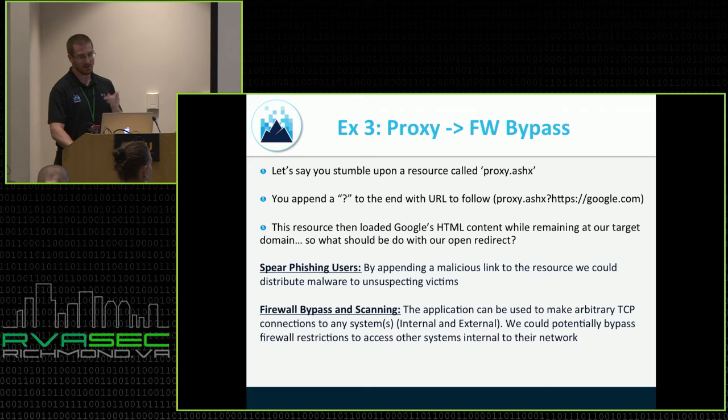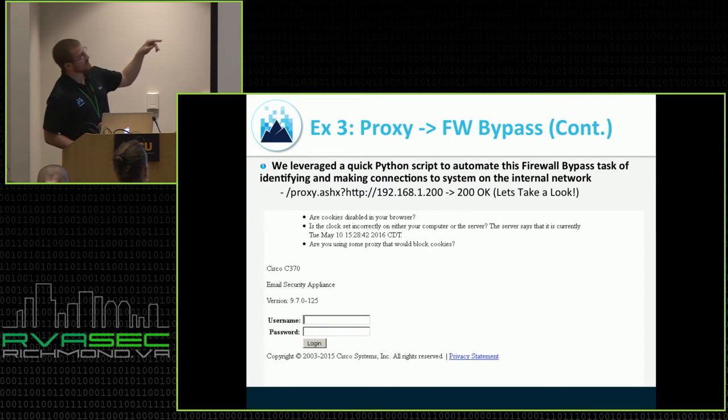So the application, essentially, this resource allowed us to make arbitrary TCP connections to systems, both external and internal. We tested it. And we could essentially try and map out everything behind the firewall and internal to the network just by making different connections. An example of this is essentially we leveraged it.